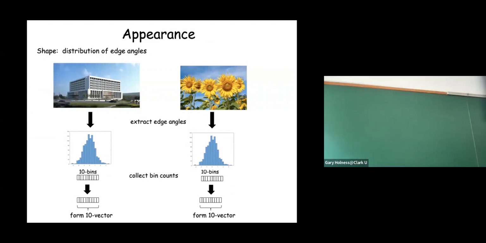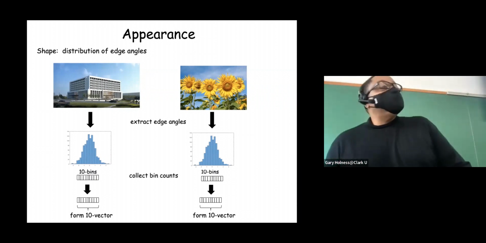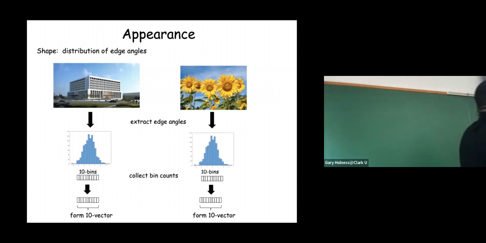And so the edges in the sunflower picture are going to be different from the distribution of the edges in the building picture. So again, we can take a histogram representing the distributions of edges in your images. And if we had 10 bins, we can use those as so-called shape features. Shape is a measurement of all of the edge content in your image data.